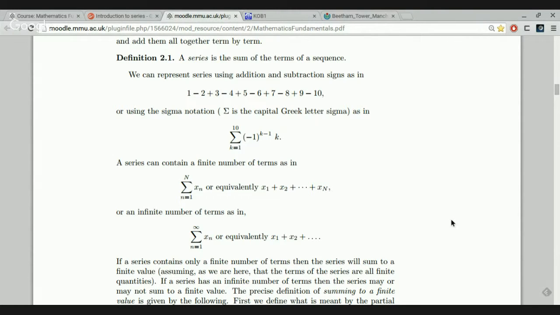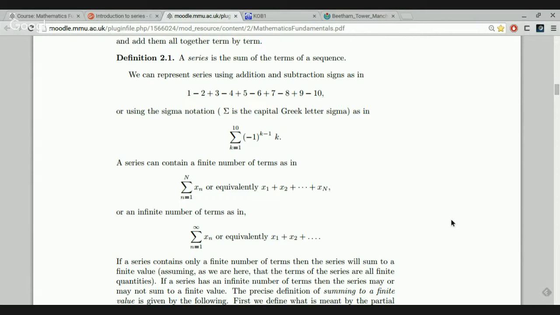So this letter here is the capital Greek letter sigma, pronounced as an S. The equivalent of our letter S. That's the capital version. So that's used to denote series or summations, sums, adding things. Okay? And it's a nice symbol to use.